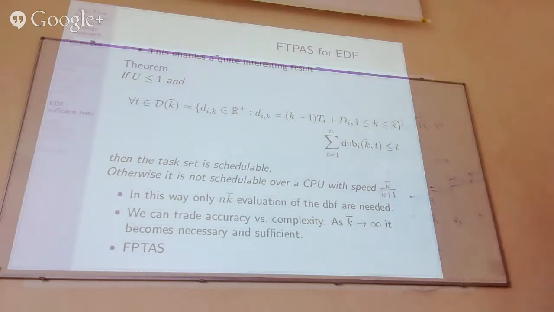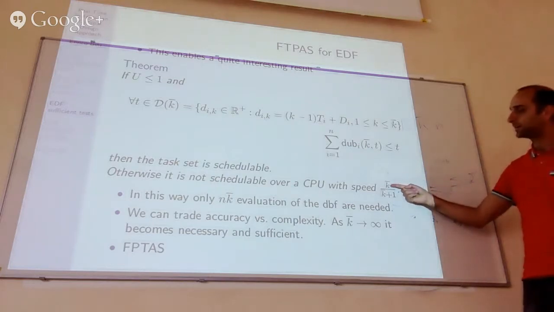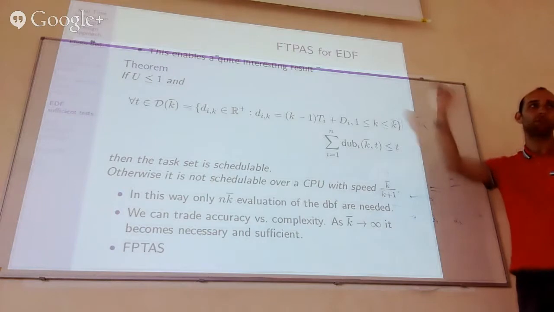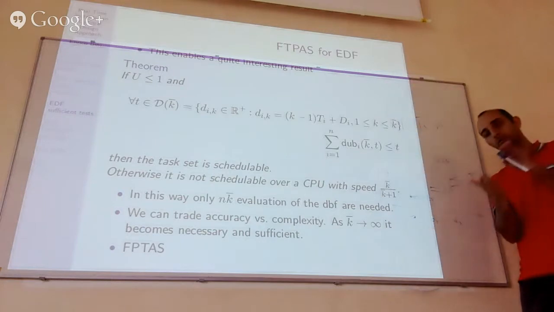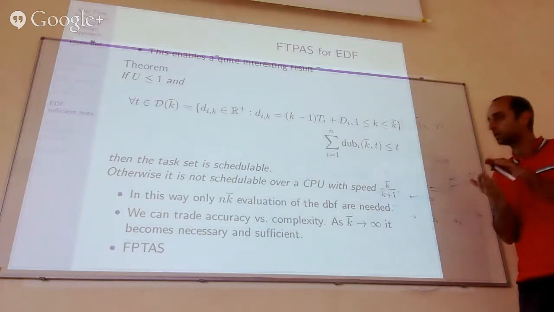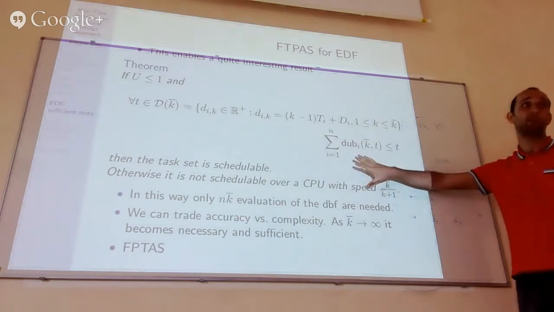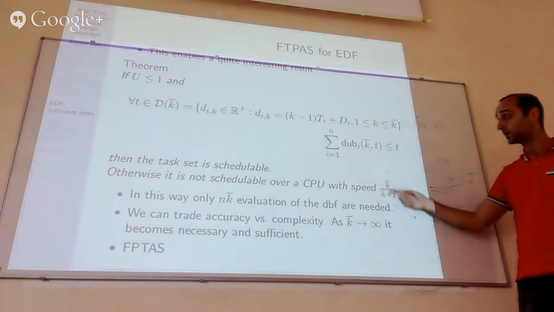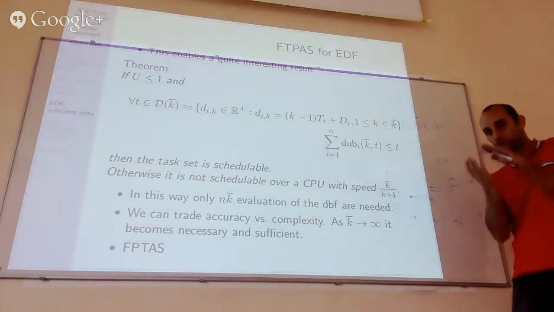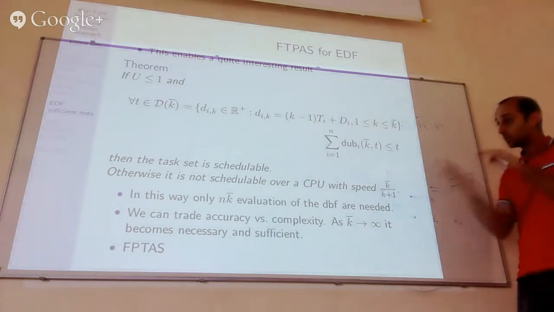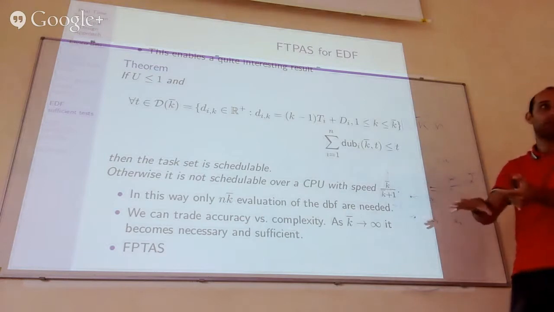And of course, if you make k bar go to infinity, then you reduce the gap of inaccuracy introduced by this step. So with k going to infinity, you have this CPU speed going to 1, which is the one where we are performing the test.